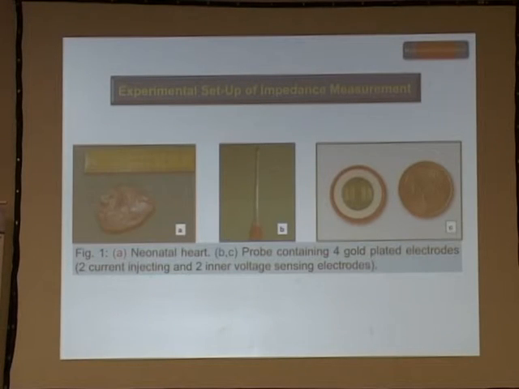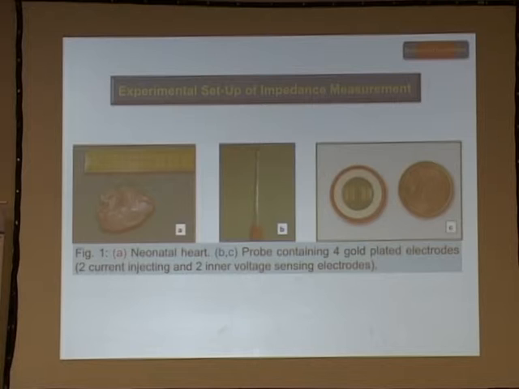And now we have started to measure what happens with the neonatal heart. And this is for the first time, honestly, in the world that I present these data. You see, we have done our experiments at the moment on neonatal piglet hearts, aged 3 to 5 days old.